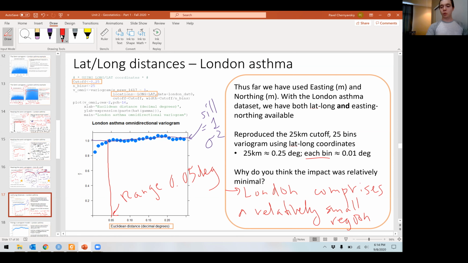Because each bin is 0.01 degrees and 0.01 degrees is approximately 1 kilometer, this is approximately 5 kilometers. So there's a great deal of agreement between using eastings and northings and using lat long distances. And the reason why, London is a relatively small region. If you did this for the entire North America, you would probably see some differences.